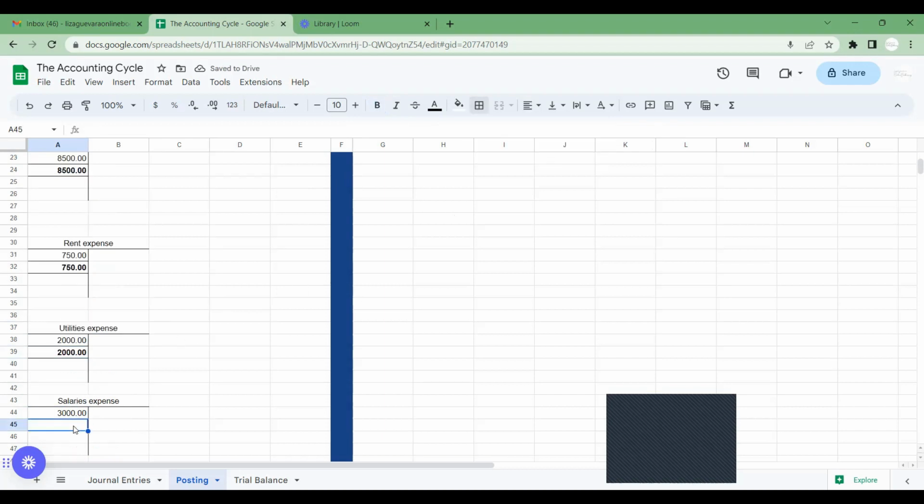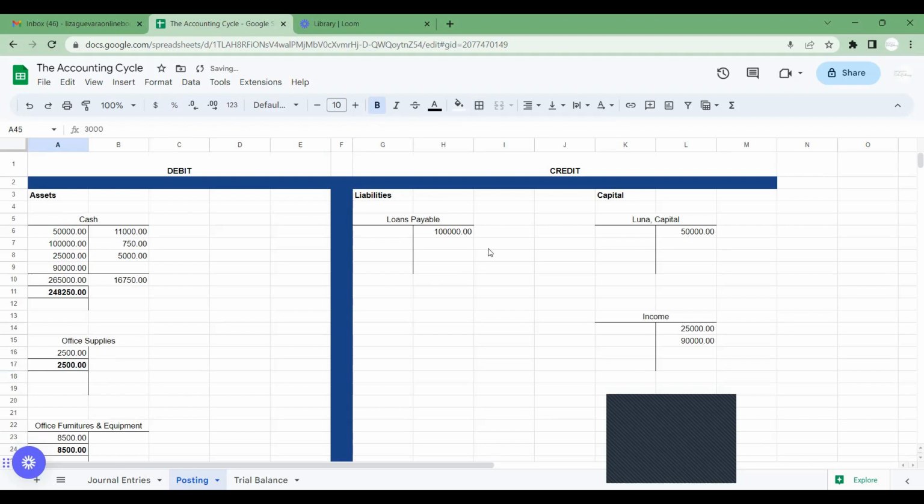And the salary is the same. Your loans payable, the same.